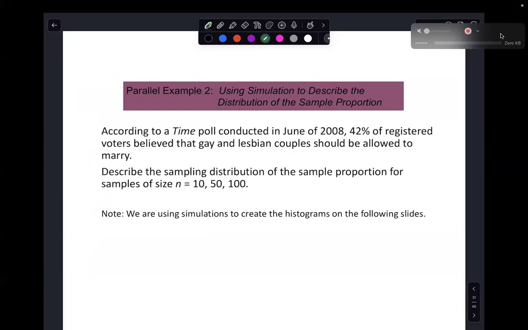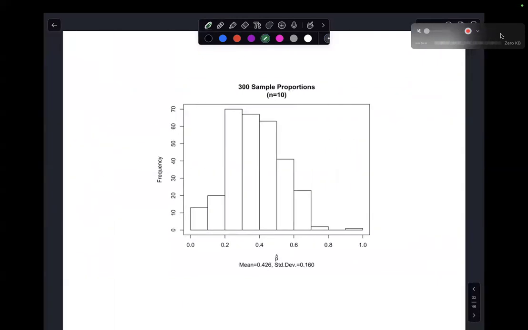So if I took a sample of 10 and found that 4 people agreed with this, then it would be 0.4. So we took this many samples and then looked for the proportion of successes that we had. We're going to start with 10 and look at 50 and look at 100, and see what happens with our standard deviation and our mean.